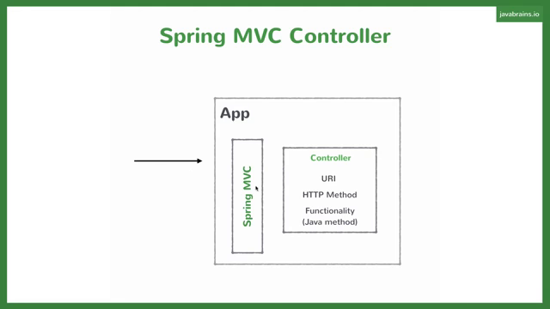It looks at those parameters, and then it examines the list of controllers that it has in the class path and sees if any of these methods have the URI and the HTTP method that match the request that comes in. If there is a match, then it executes that method, and then whatever the return type is, it converts it to a proper response and sends it back. Now, what do I mean by converting to a proper response?